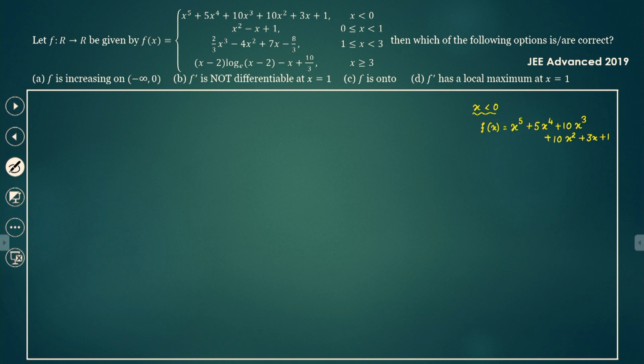Now if I try to differentiate this, f dash x gives me 5x to the power 4 plus 20x cubed plus 30x squared plus 20x and plus 3. So that's the function of f dash x.